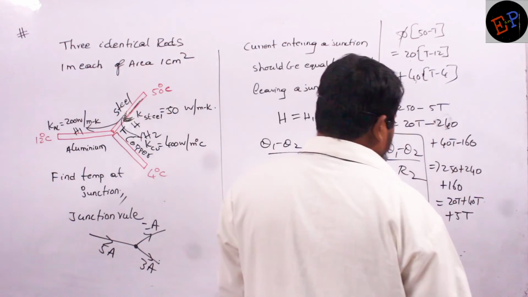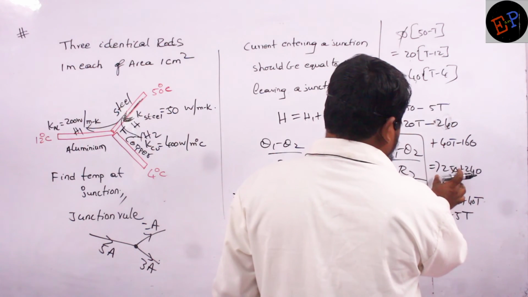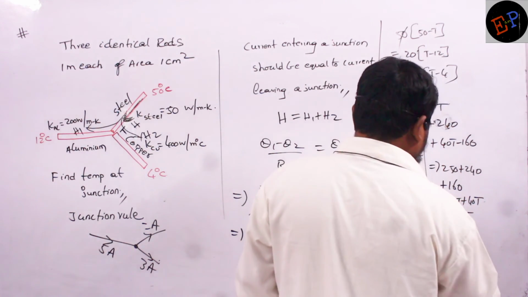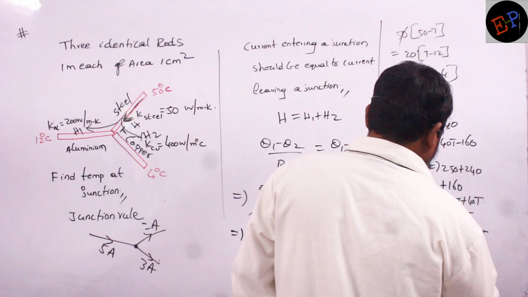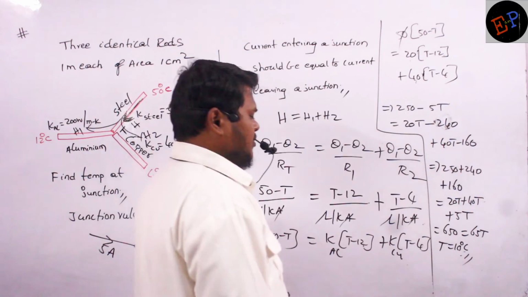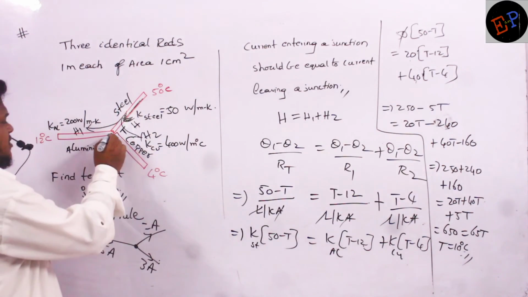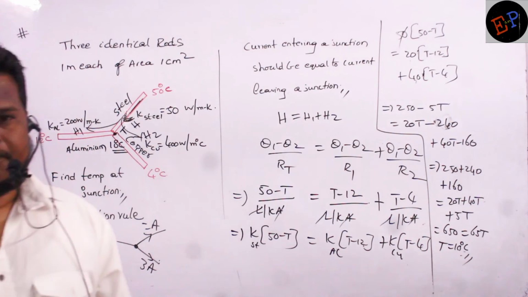That is 650 is equal to 65T. So T is equal to 10 degrees Celsius. 10 only, I think it is correct. So the temperature of the junction is how much? 10 degrees Celsius. That is our answer.